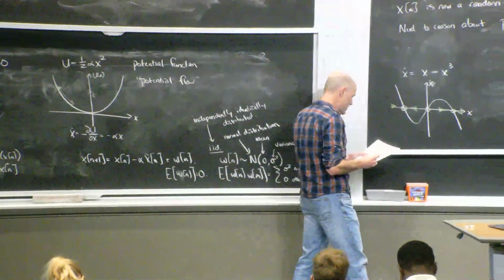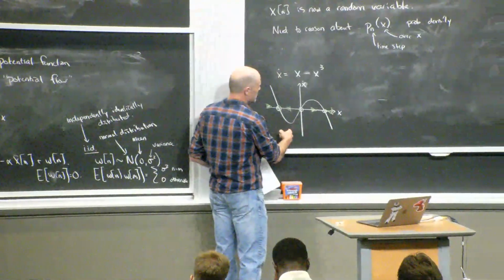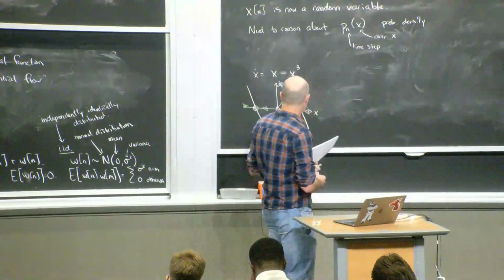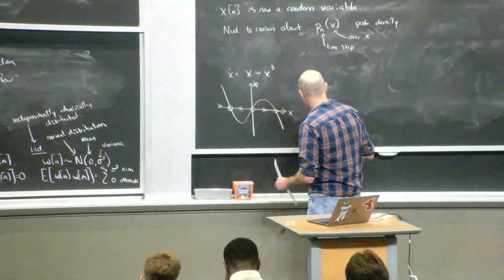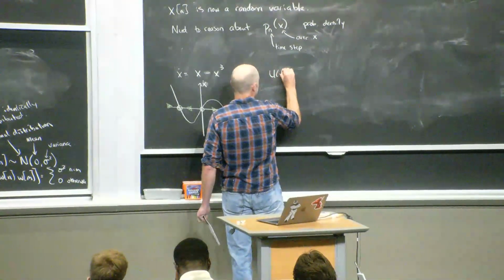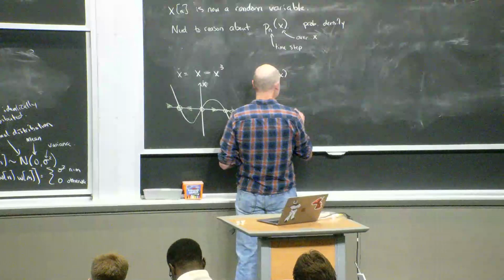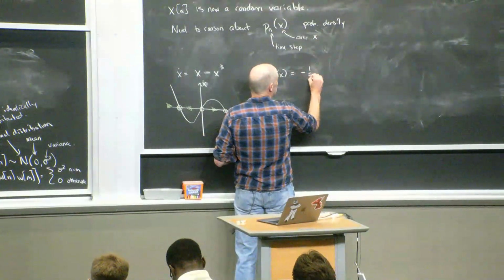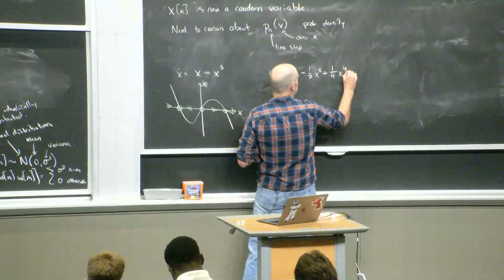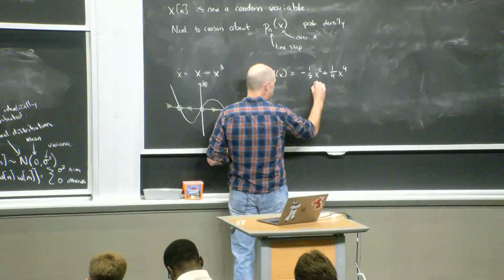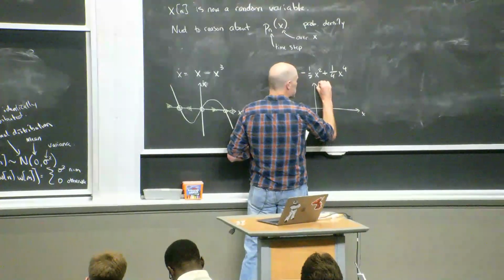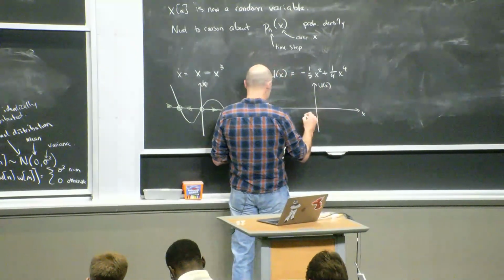I'm going to make the discrete time approximation of that, and I'm going to simulate it. I can think about this thing as a potential flow. So the potential is minus 1/2 x squared plus 1/4 x to the 4th. If you plot that, it looks like this.